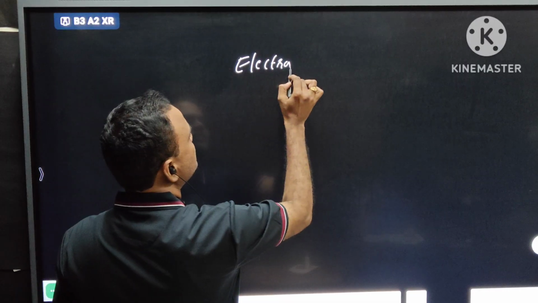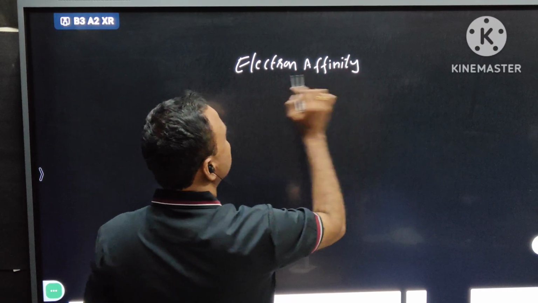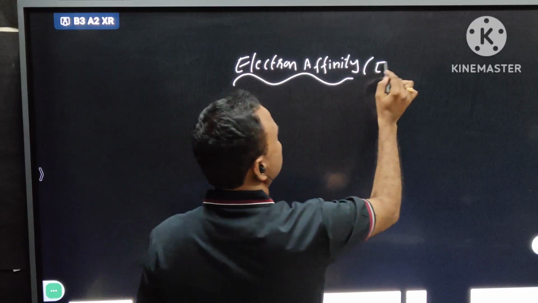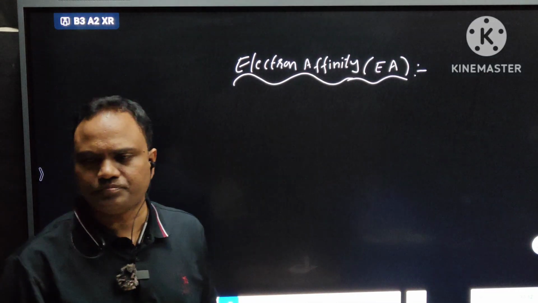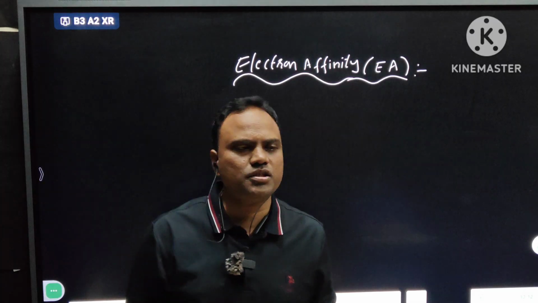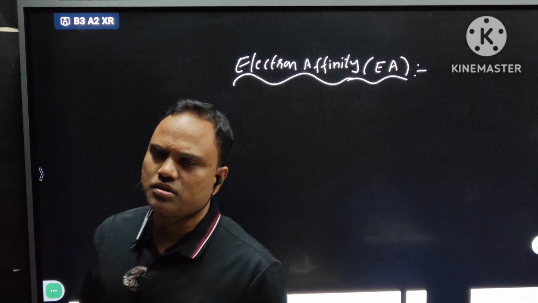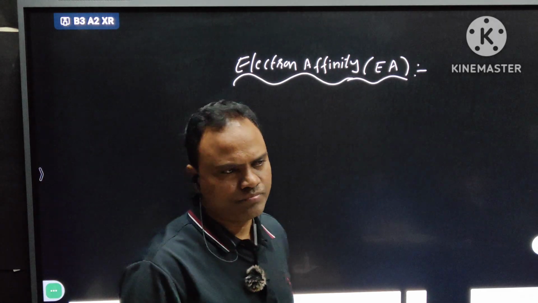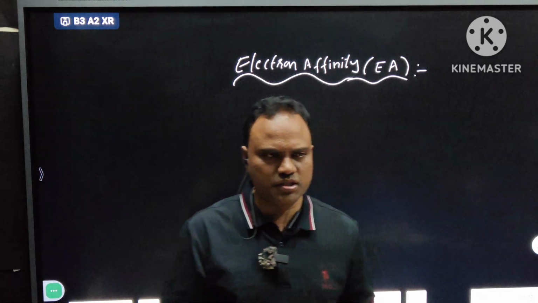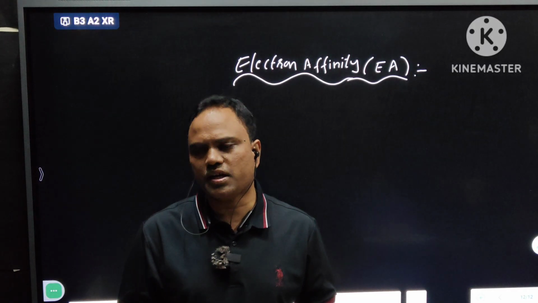Next, electron affinity. Ionization energy means the amount of energy required to remove an electron. Electron affinity is the opposite: the amount of energy released when an electron is added to an isolated neutral gaseous atom.